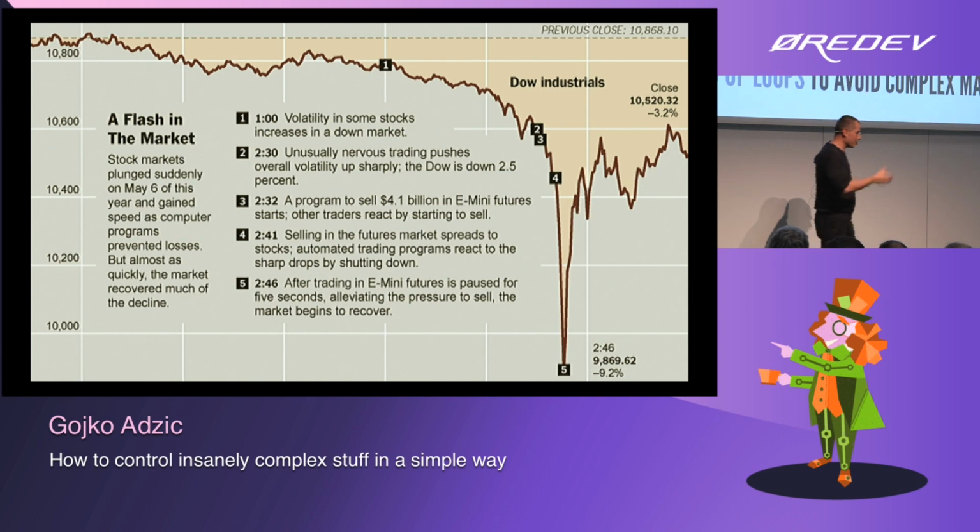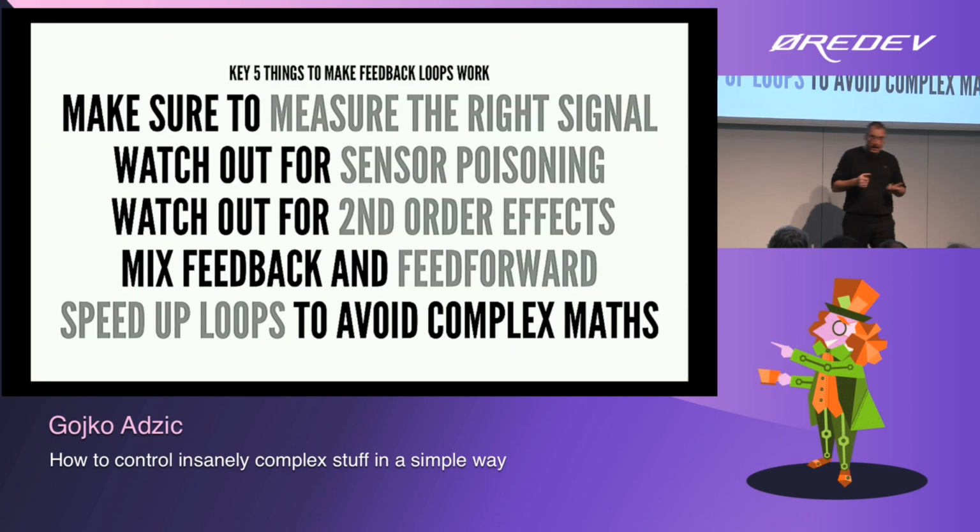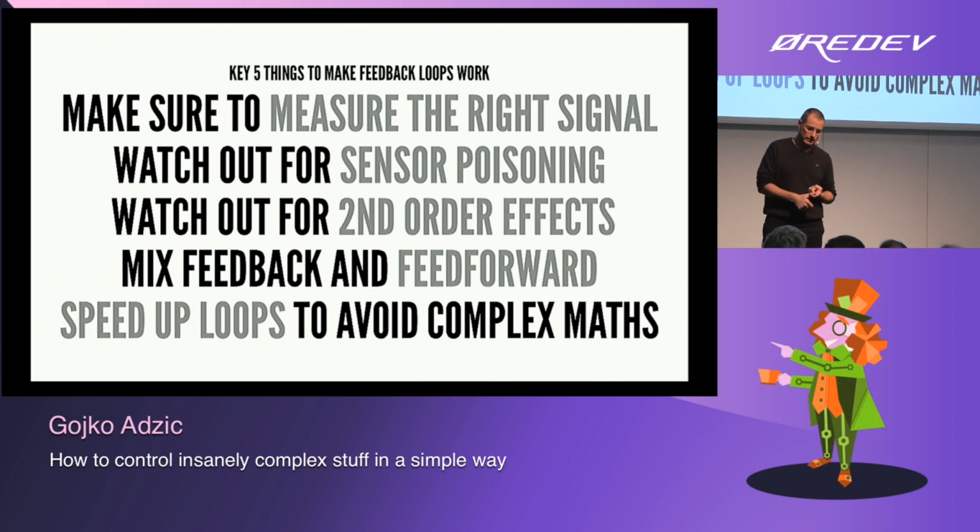So finally, 5 things to make this work. Really, if you try to make a feedback loop, make sure that you're measuring the right thing. That's really, really important. I think when I started looking at this more systematically, most of the stuff I was doing was measuring the wrong thing. And that wasn't giving me good feedback. The second thing is watch out for the sensor lying to you.